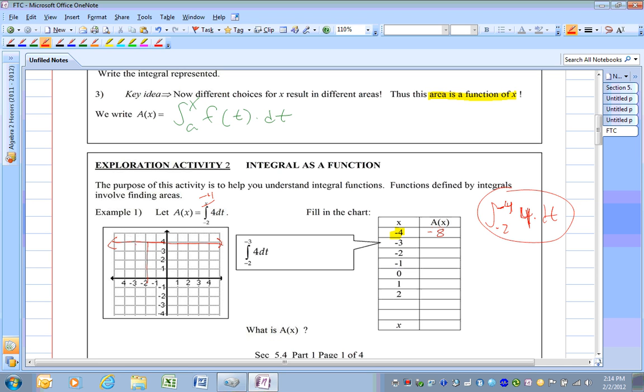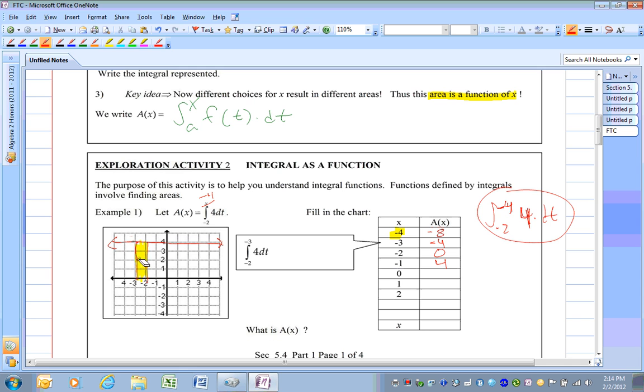Now here, if I did that, I think now you guys know what to expect. What would that area be? It would be negative 4, right? And if I did negative 2, I would get 0. How about if I did negative 1? 4. Okay, so you guys are getting this.